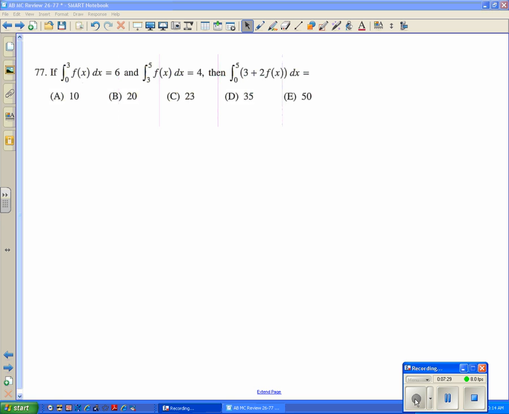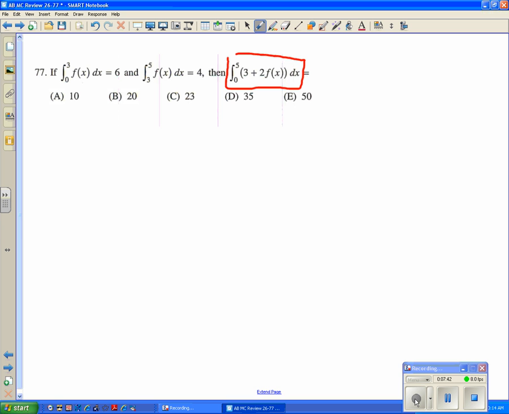Number 77, although it is in the calculator section, a calculator is not necessary or needed. What we need to recognize is some of our rules of integration here.